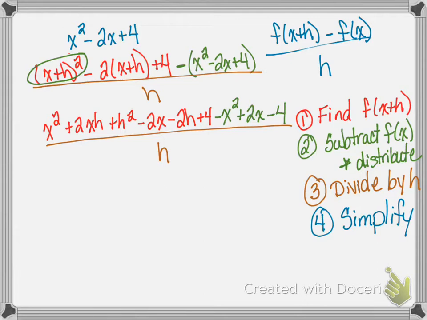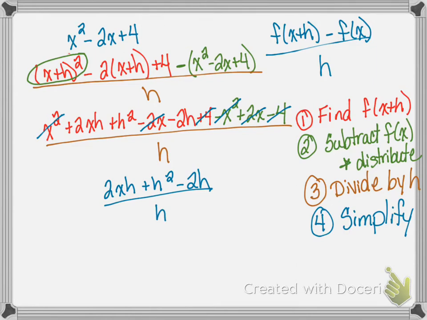Now I'm going to start canceling. Whatever can be canceled, I'm going to start canceling. So I have x squared and negative x squared. I've got negative 2x and positive 2x. I have plus 4 and I have negative 4. So pretty much everything that does not have an h, you are going to cancel out. So I'm left with 2xh plus h squared minus 2h over h.